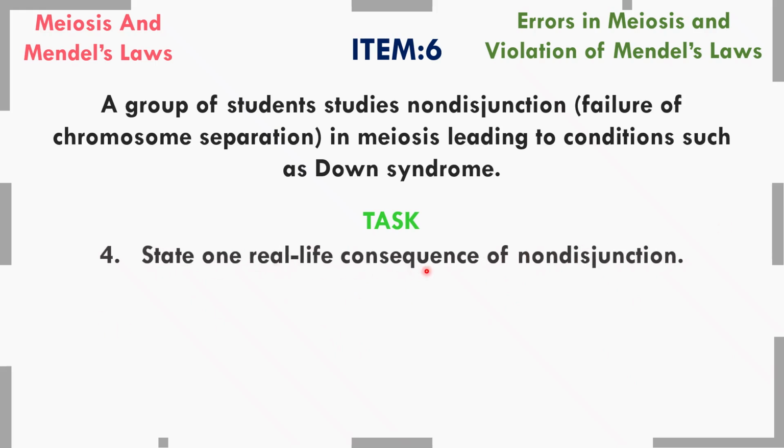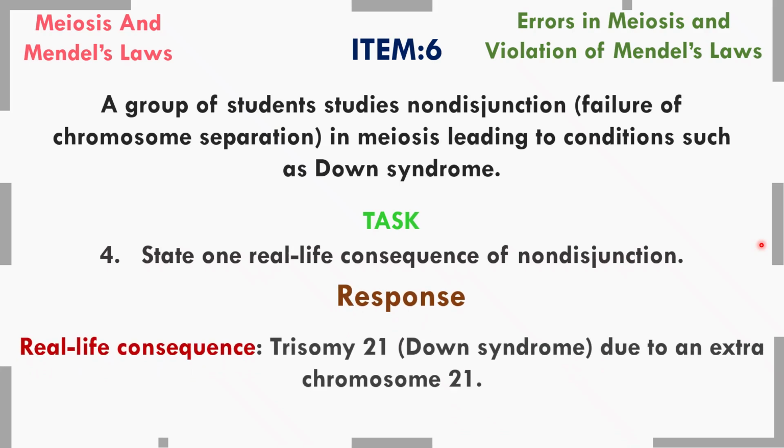State one real-life consequence of non-disjunction. A real-life consequence is trisomy 21, Down syndrome, due to an extra chromosome 21.